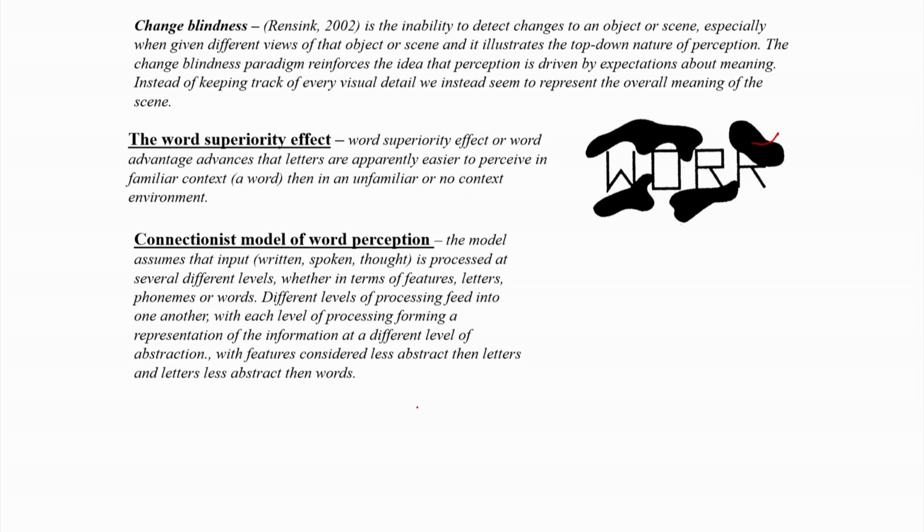Another interesting example of the word superiority effect, or top down processes of perception, is something called the connectionist model of word perception. What this model says is that the perception of a word progresses through several stages, whether it is a word or a sound which is perceived.